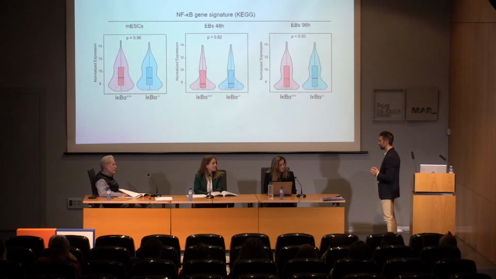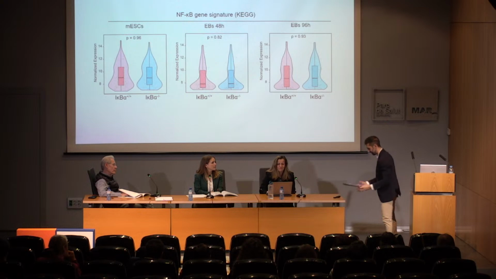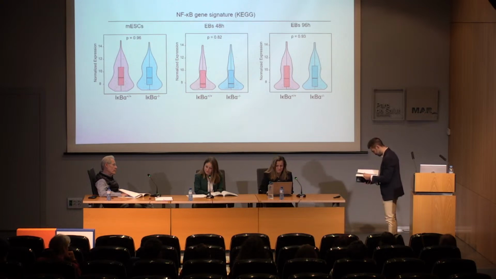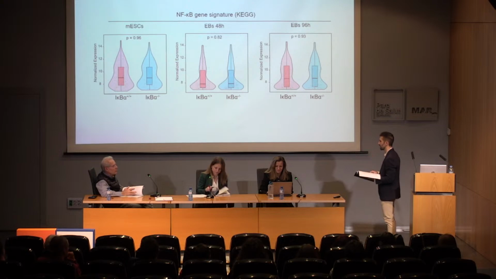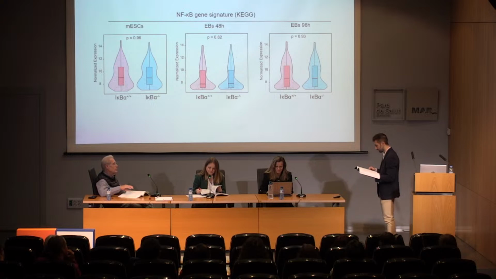I think it could be, it's just a speculation, controlled by the pluripotency network, because I found, it's in Figure 24, a putative enhancer region for the IκBα gene in which NANOG was binding.